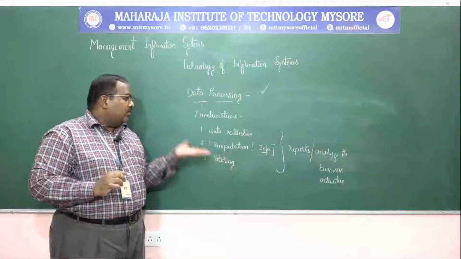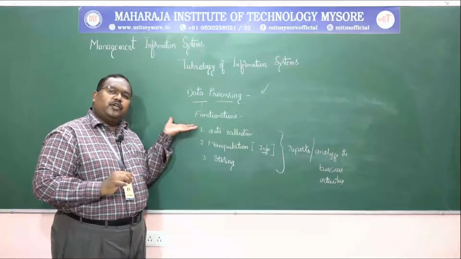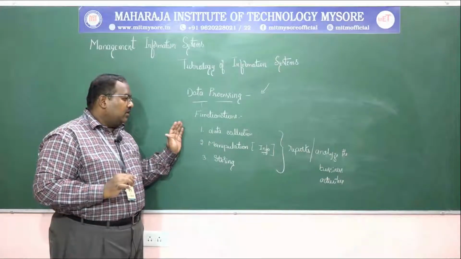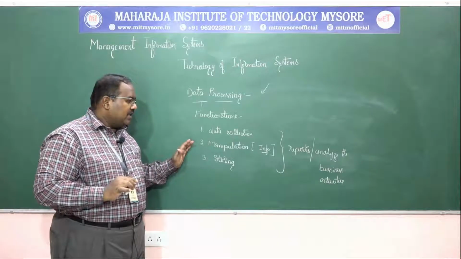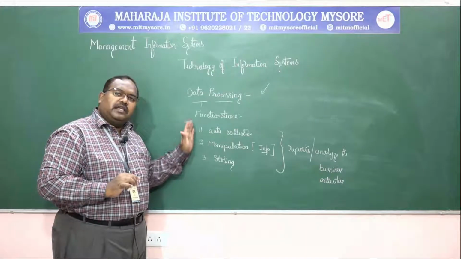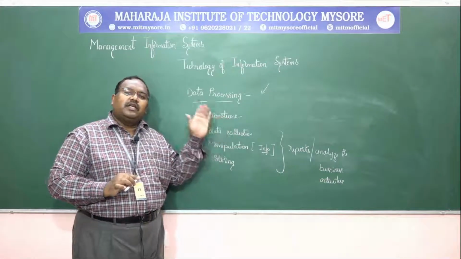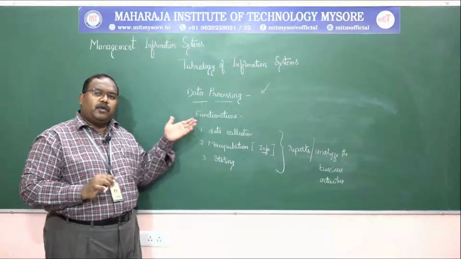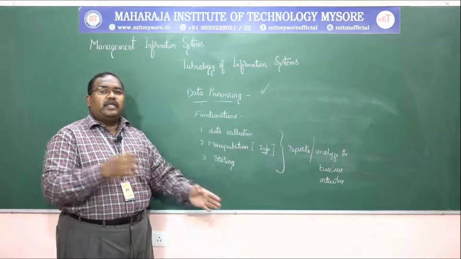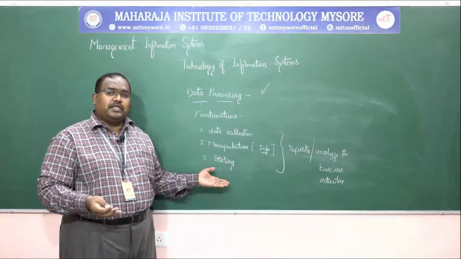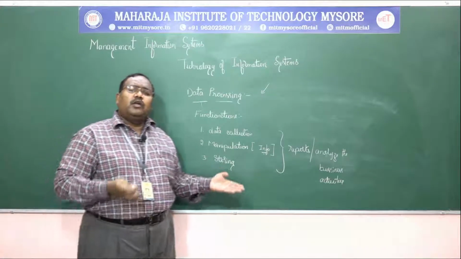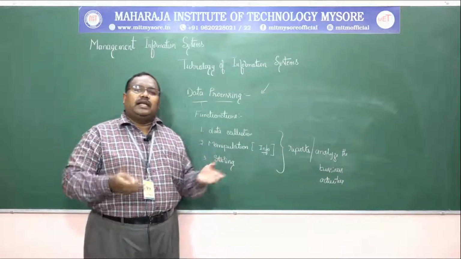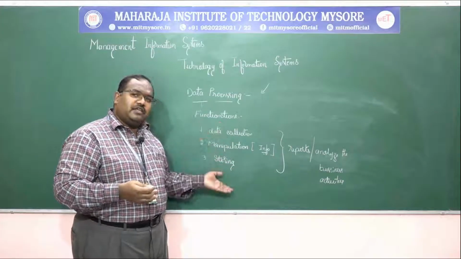So that's why these three functions are said to be the predominant ones. The first is data collection, and the second is manipulation, where the data is converted into information. When this information is produced, we store it in various applications, because we have a lot of tools to analyze it. Why are these three functions important?